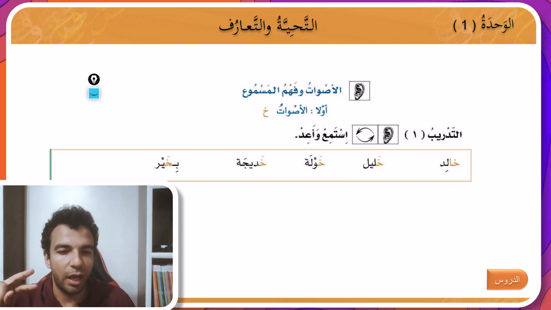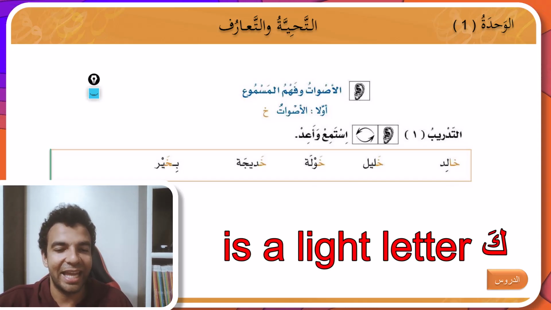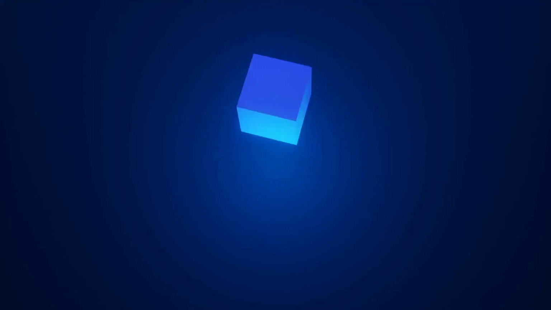So they are a lot closer to each other. So I say Khalid, not Kalid. And here comes the second. The Kha in Khalid is heavy, while Kalid, which is not a word, is light. Much big difference.